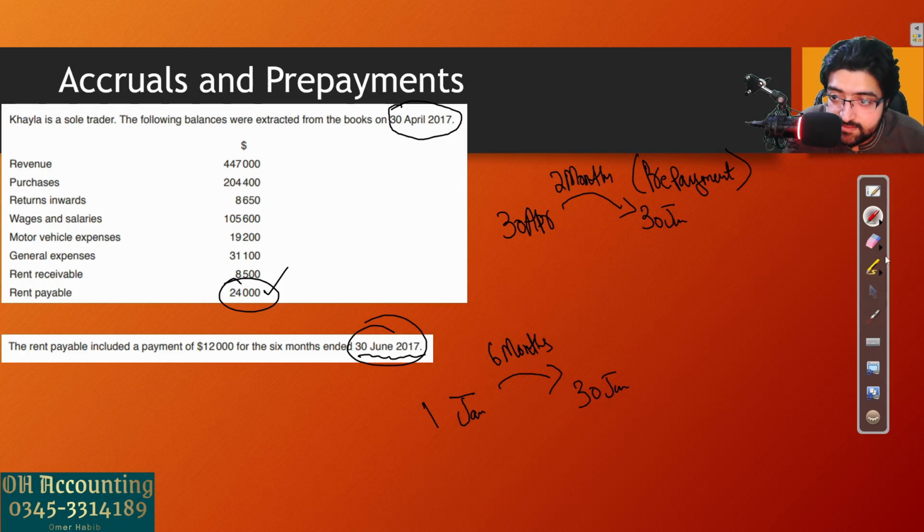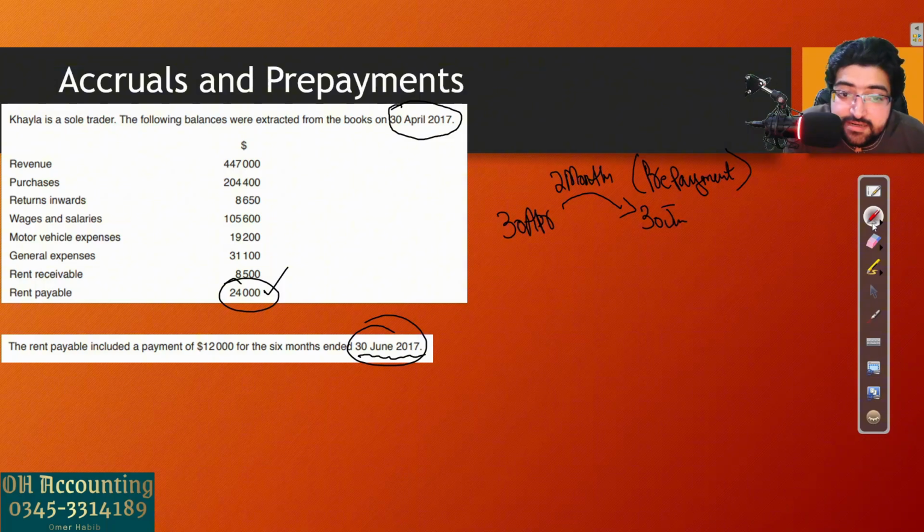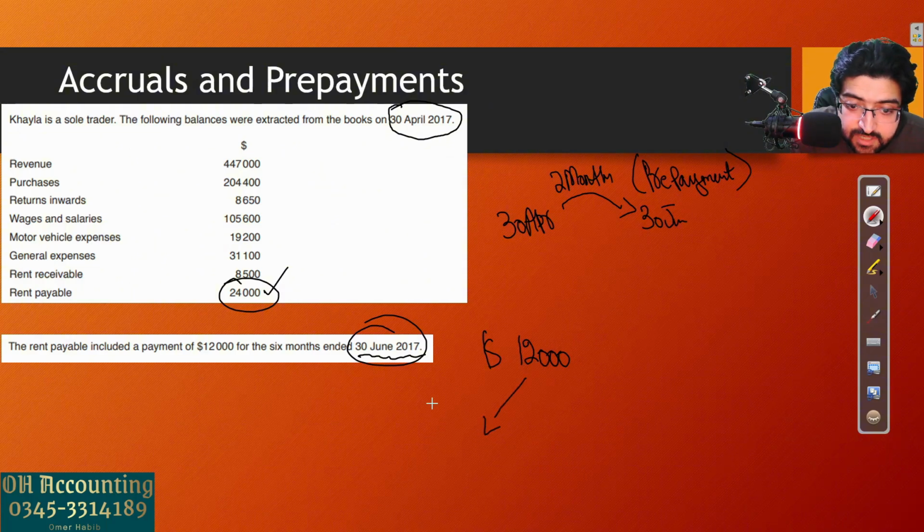How will we do that? See, the payment is $12,000. Okay, it is for 6 months. This 12,000 is paid for 6 months, out of which 4 months belong to the current year and 2 months are the prepayment for next year.